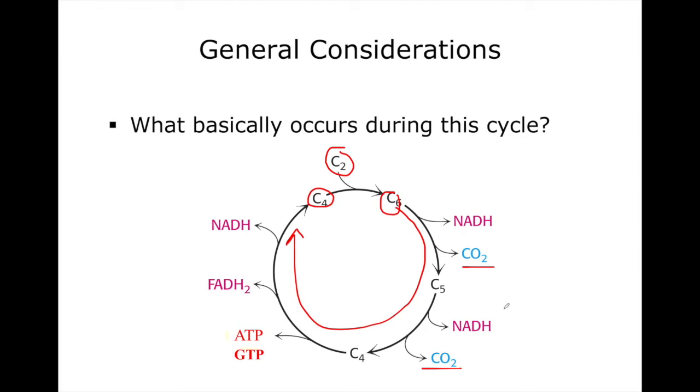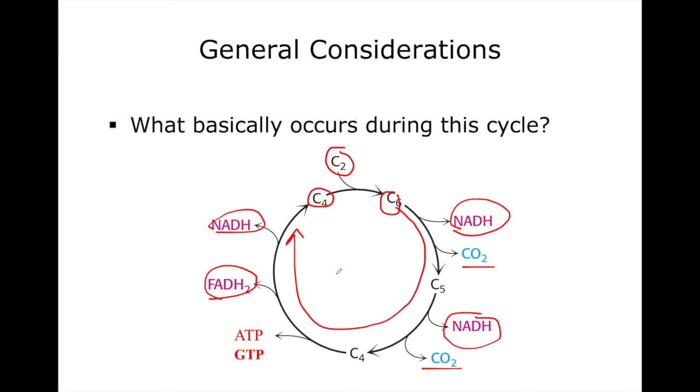Now, as we decarboxylate our molecule, we're also oxidizing it. In other words, oxidation is the loss of electrons, so we're removing electrons. And those electrons are stored in NADH, as you can see here, and also some FADH2. So these electrons won't be wasted.